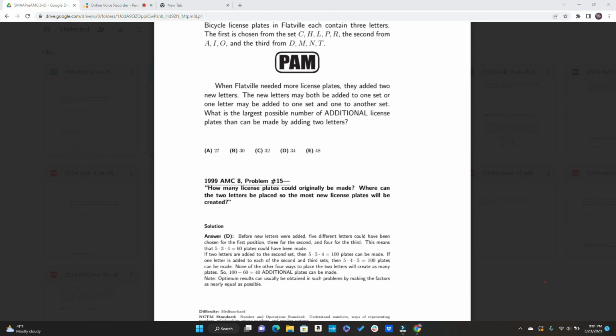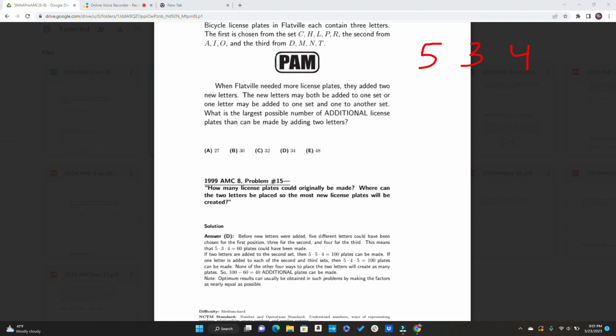So here we've got some license plates. And we see that the first spot can have either C, H, L, P, or R. So that's 5 choices for the first letter. Second letter has 3 choices. And the third letter has 4 choices. Right? And so now we're told that you can either add 2 letters to one of the spot possibilities or 1 letter to one spot possibility and 1 letter to another.